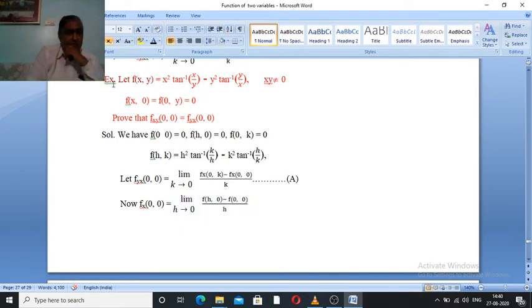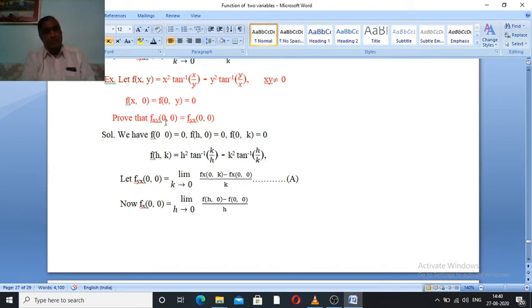Suppose we take an example. Let f(x,y) is equal to x² tan⁻¹(x/y) − y² tan⁻¹(y/x), where (x,y) is not equal to (0,0), and f(x,0) = f(0,y) = 0.